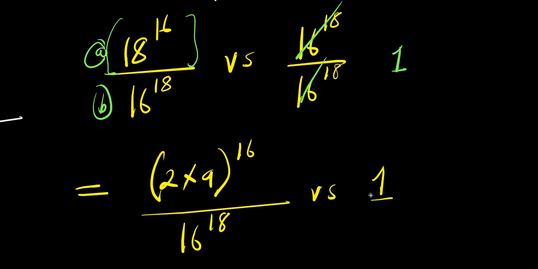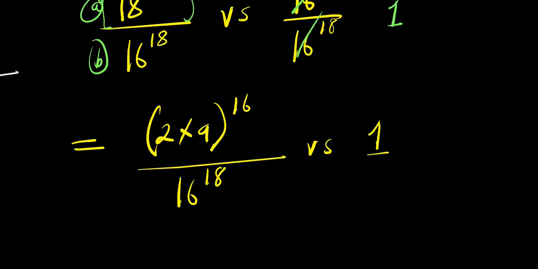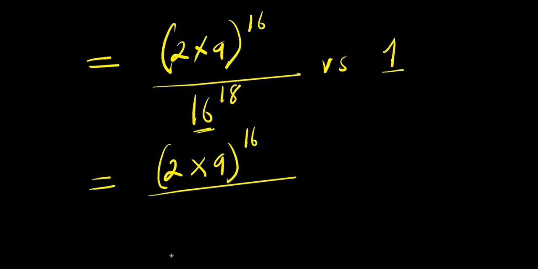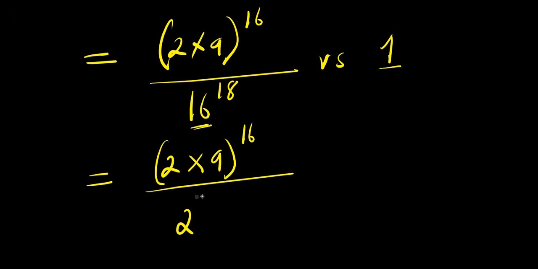The next step is that we can express 16 as 2 power 4. So we have (2 times 9) to the power of 16 divided by (2 power 4) to the power of 18.